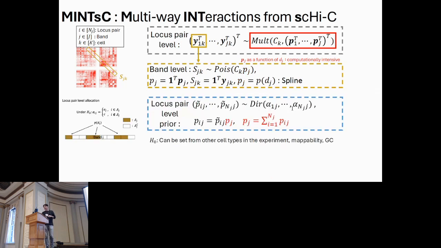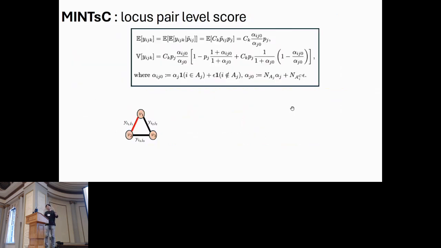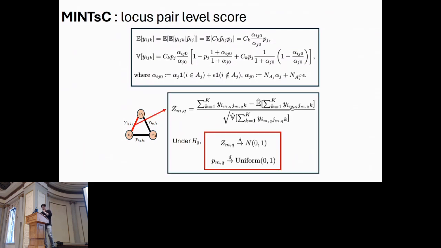And that's why we model this with a Dirichlet prior, and the prior distribution can be estimated based on mutability or GC, or if there's other cell type information, you can also use that to estimate it. Based on that, you can set a null distribution, and based on the null distribution for each locus pair, you can calculate an expectation and variance.